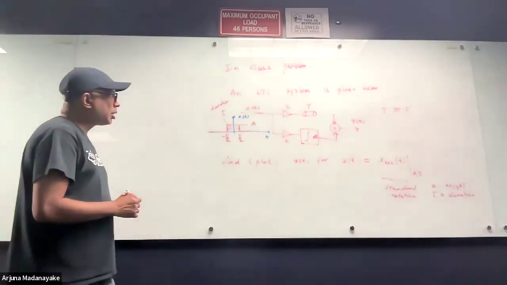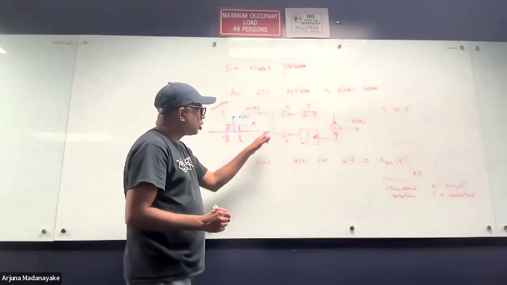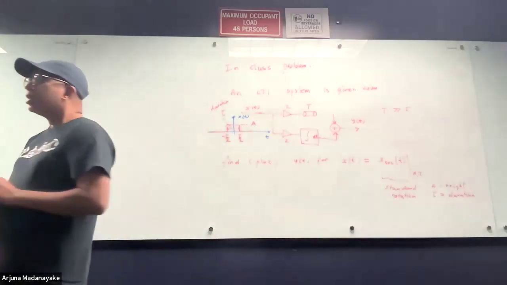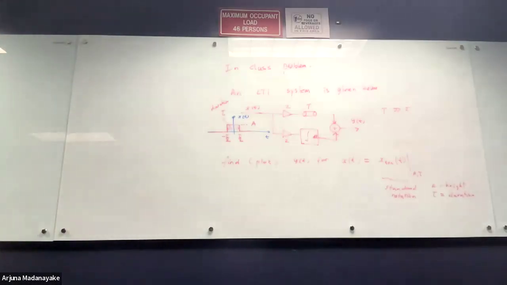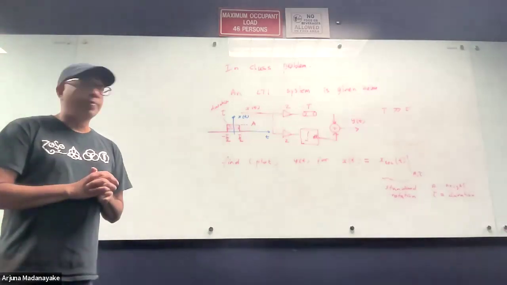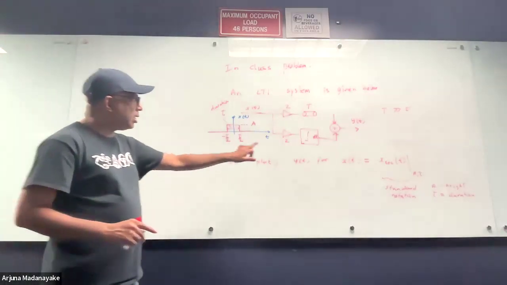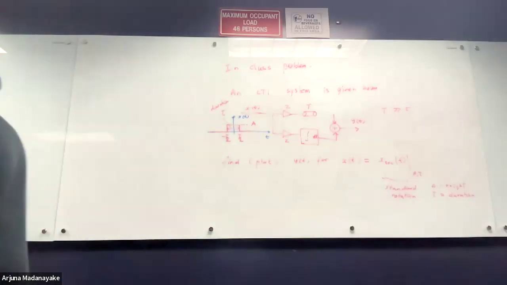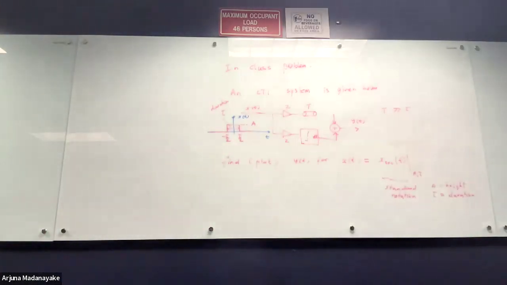So the first step is to find out what the two different branches are going to do, right? The first branch is simply delaying and scaling, similar to what we did last week. The second branch is integrating and scaling, right? So figure out what the integral of the pulse looks like.